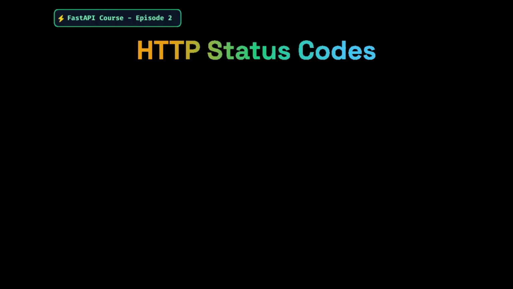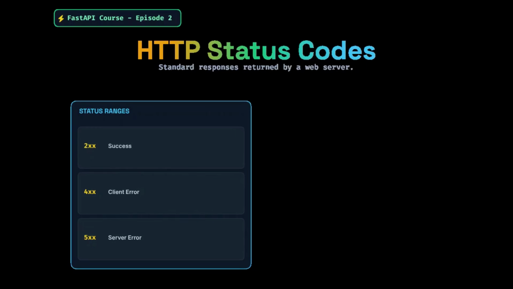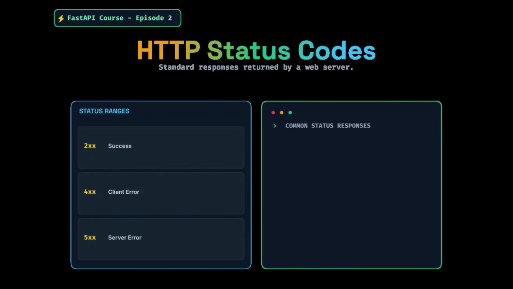The server also needs a standard way to tell the client what happened. That is where HTTP status codes come in. You have probably seen codes such as 200, 404, or 500. Let's look at the categories. 2xx means the request was successful. For example, 200 OK, 201 Created. 4xx means there was a problem with the client's request.